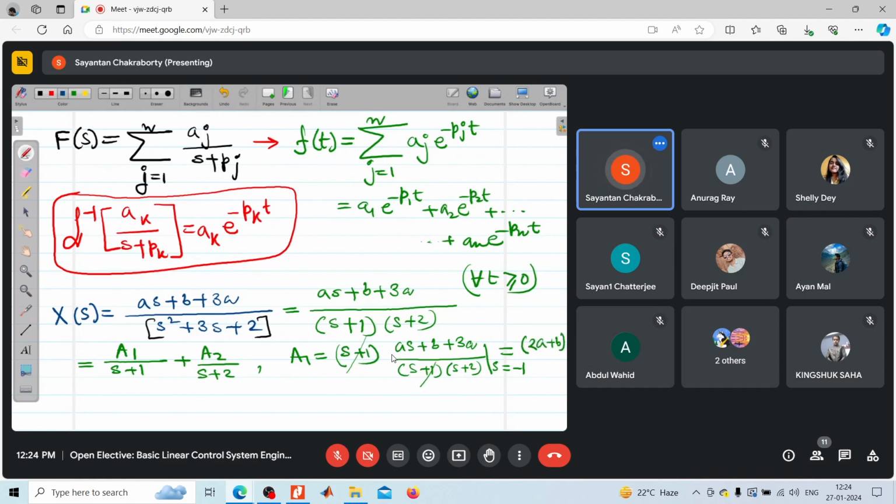And what about a2? S plus 2 into (s plus b plus 3a) divided by s plus 1 s plus 2, at s equal to minus 2. This and this get cancelled out, so it will be minus 2 plus b plus 3a over minus 2 plus 1, that is minus 1, giving minus 2a plus a plus 3a, so it will be a plus b.